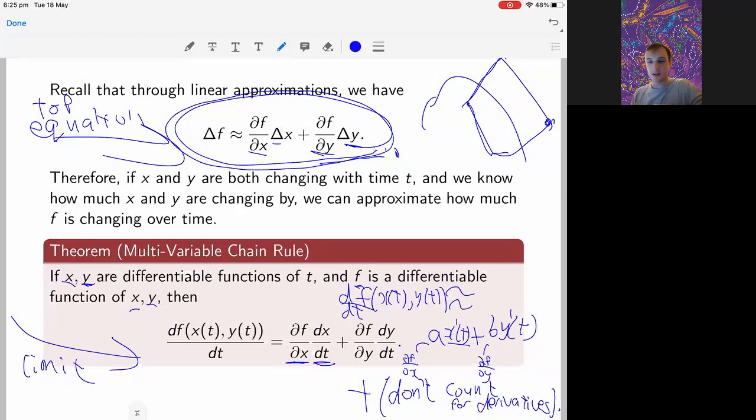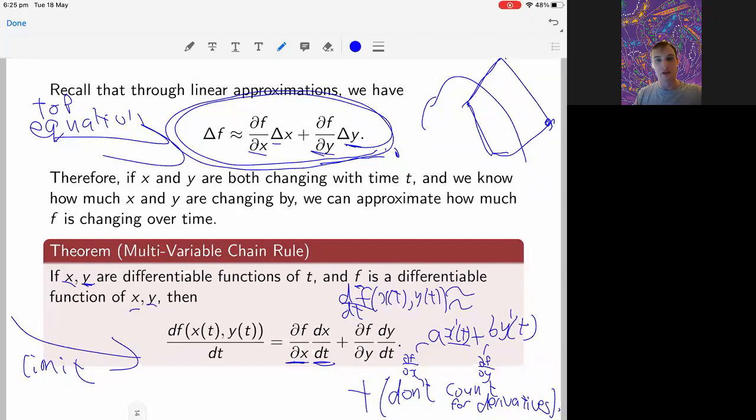If you change x by a small amount, the amount that f changes by is going to be determined by how much you're changing x by, as well as how steep the slope of f is in the direction of x. On the other hand, the same is true for y. If you change y by a little amount, then the amount that f changes by is the amount that y changes by, multiplied by the steepness of the slope of f in the y direction.